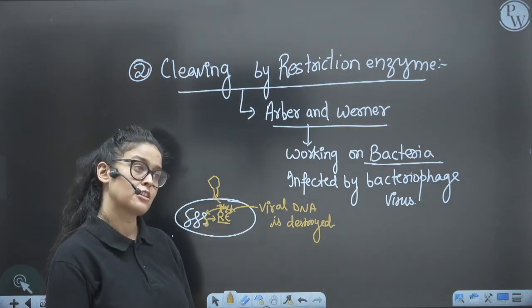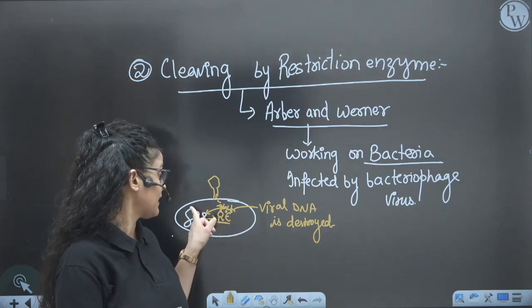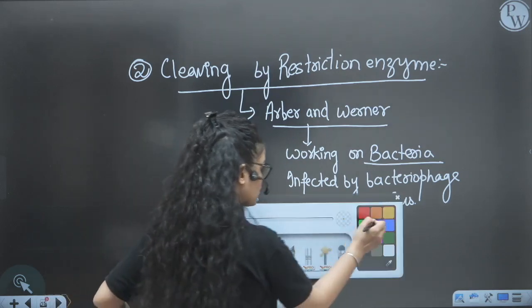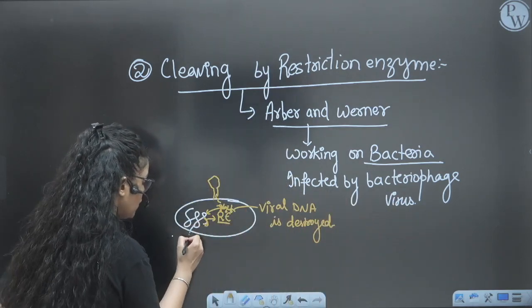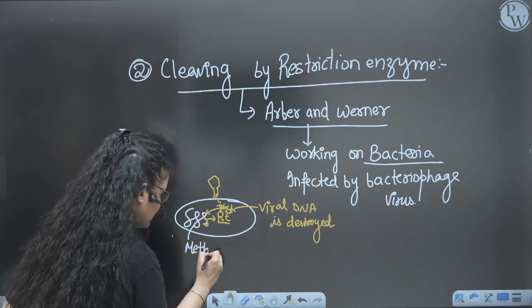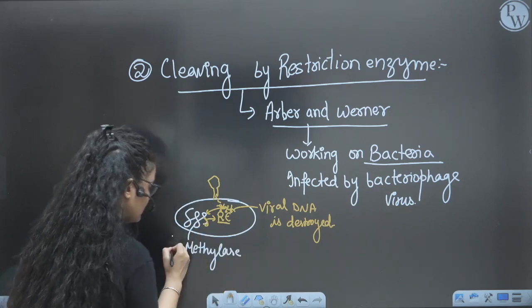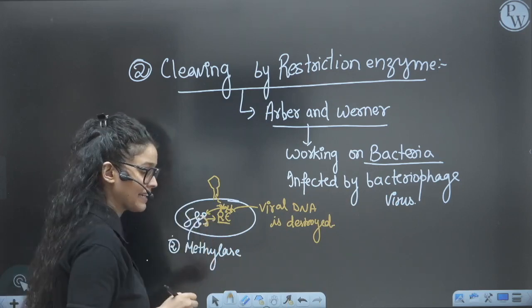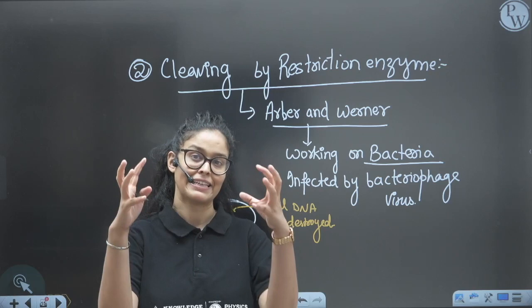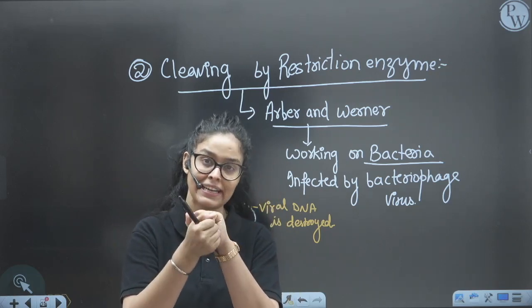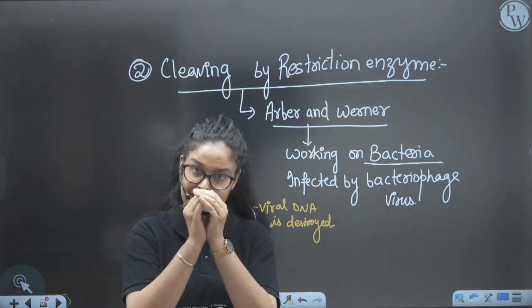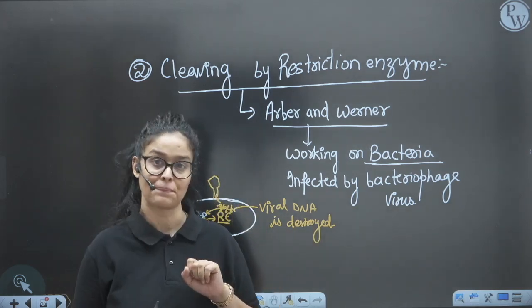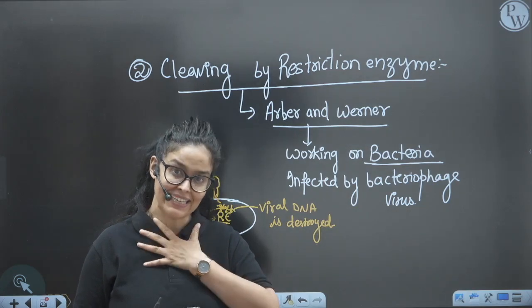Now some kids will ask me, ma'am, this restriction enzyme can also destroy the bacterial DNA, no? But for their protection, they have another enzyme known as methylase. This methylase will do the methylation of DNA, adding a methyl group to the bacterial DNA, and hide the sequences that are recognized by restriction enzyme, so that they will not cut their own DNA.